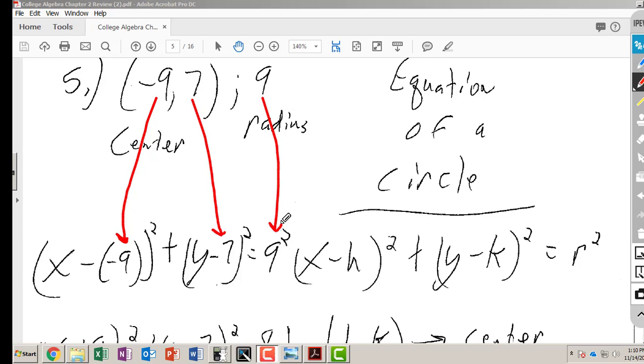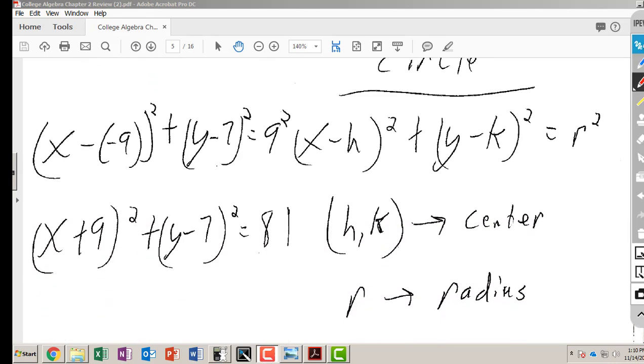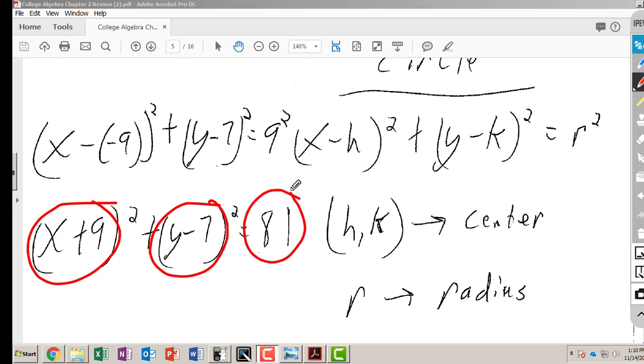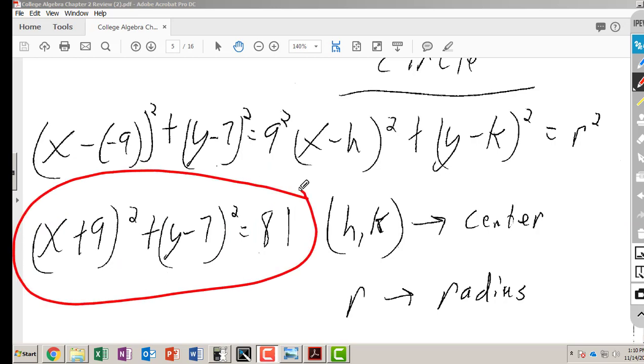I simplify that down. x minus a minus 9 gives me x plus 9, since a minus minus makes it a plus. I just have my y minus 7, and then that all equals 9 squared, which is 81. That gives you the equation of your circle with the center at -9, 7 and a radius of 9.